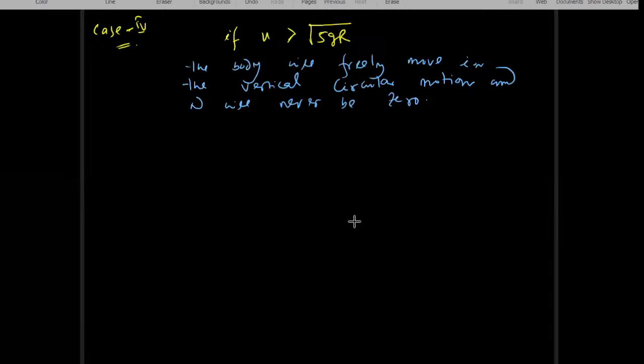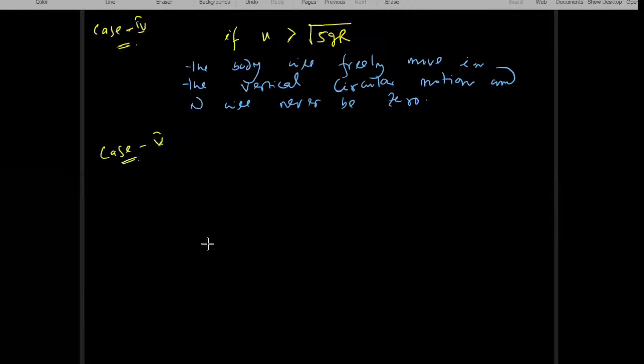So that's the only point you need to remember. Here, if u is greater than √5 GR, minimum velocity required is this much. If you give anything greater than that, aram se, it will seamlessly complete the vertical circular motion and will keep on revolving.